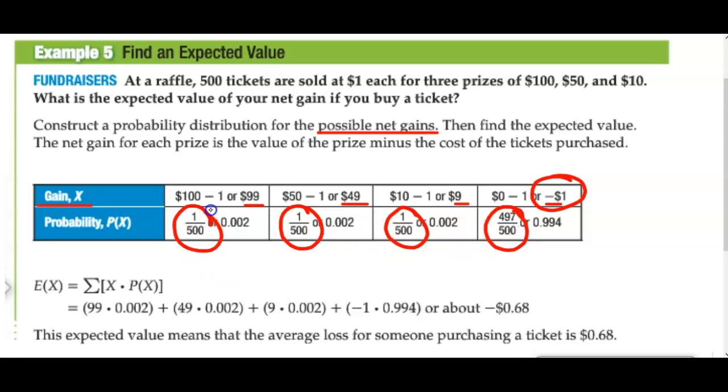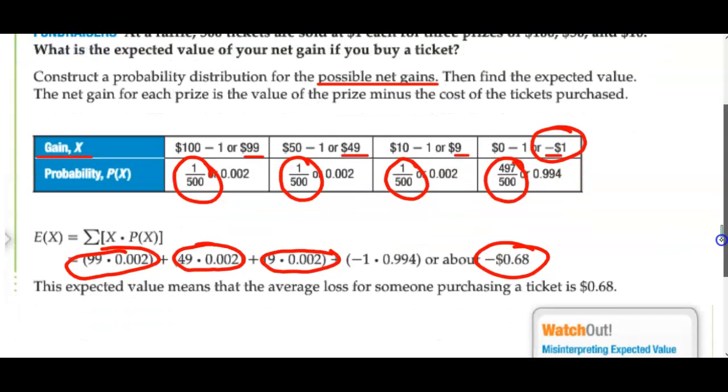So you take each of these probabilities times the gain or loss, not how much the ticket was worth. So $99 gained was that percentage, plus $49 gain was this probability, same probability, because remember all 3 winners had the same probability. And then 497 out of 500 times, everybody's going to lose $1, and that's this one. And you add them all up and you get this.